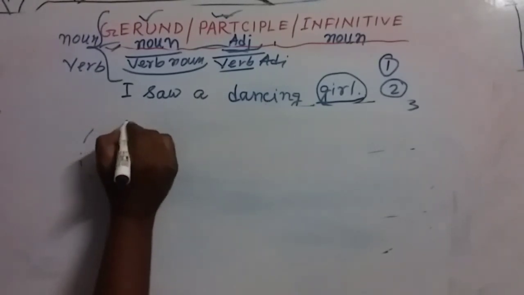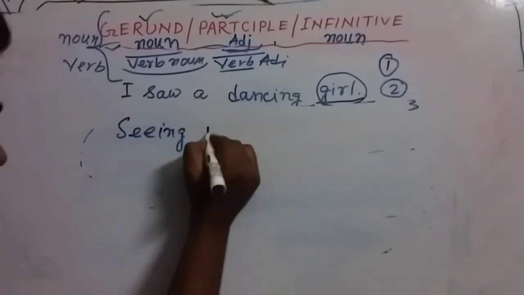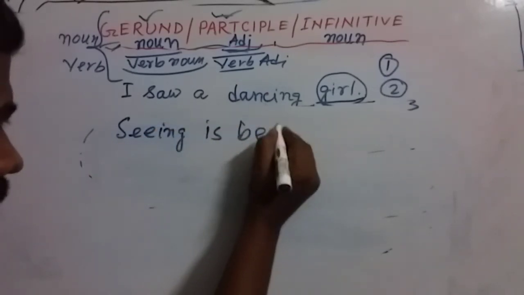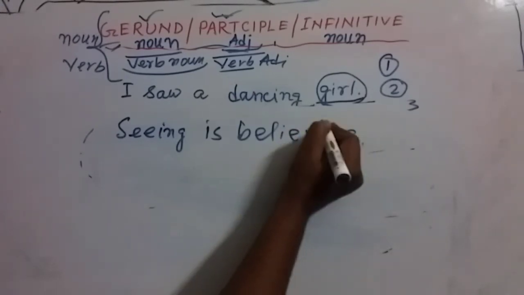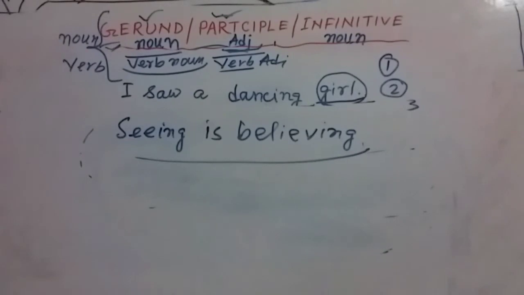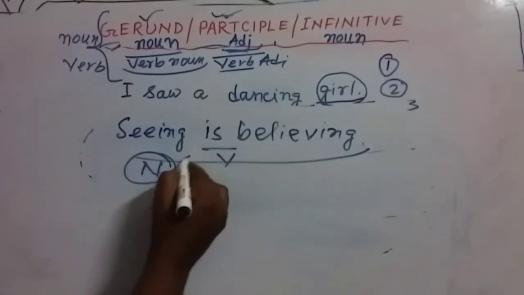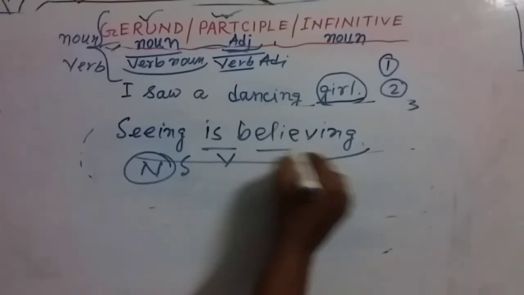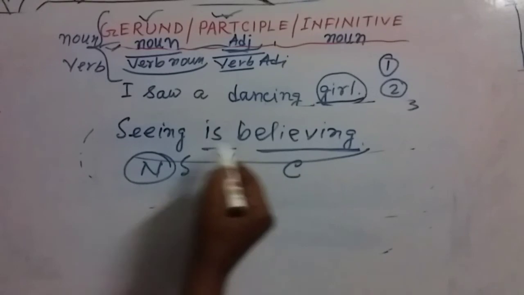I am writing down another example. Seeing is believing. So here this is the noun or the subject in this sentence, and this is the complement, even though it is an ing word.